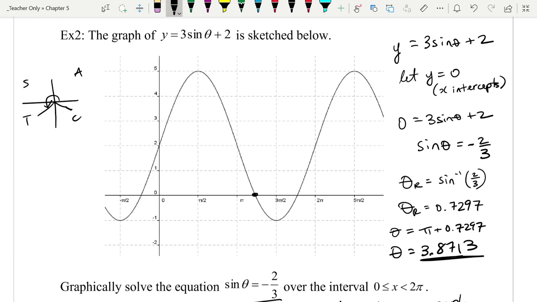And then my next answer, and I'm sorry they don't give me a whole lot of room, is the one I'd get doing 2 pi minus that reference angle.